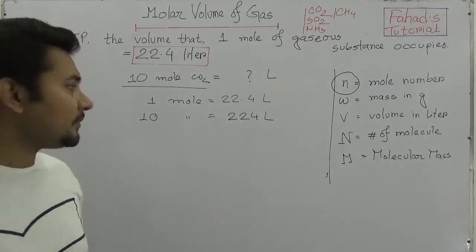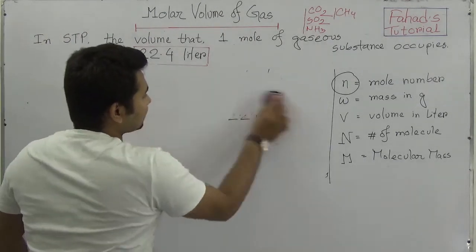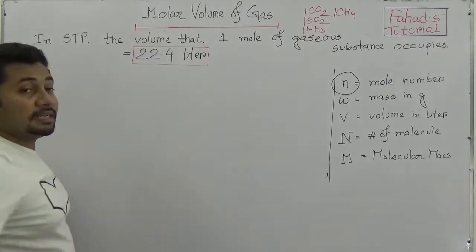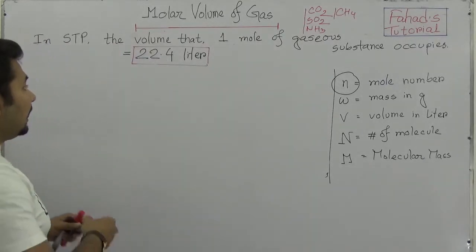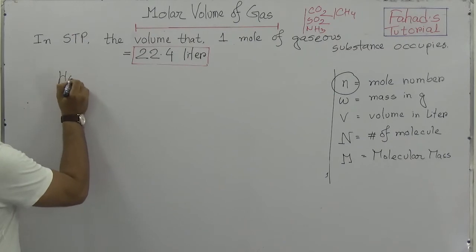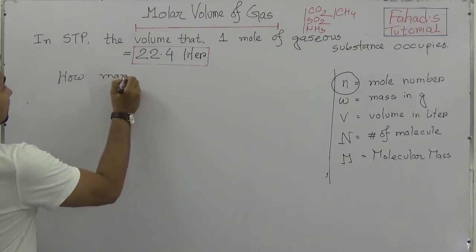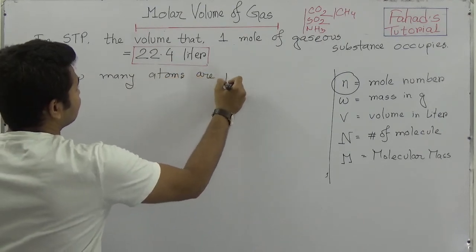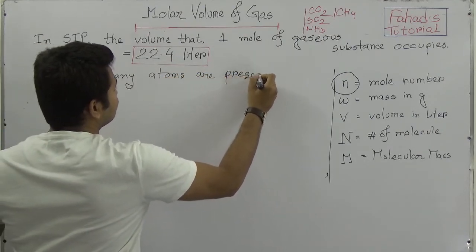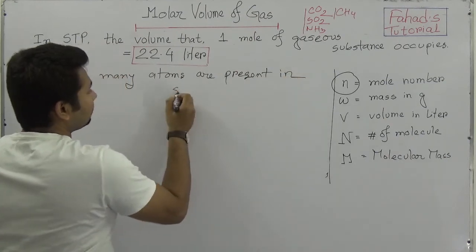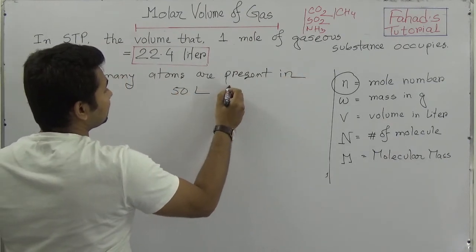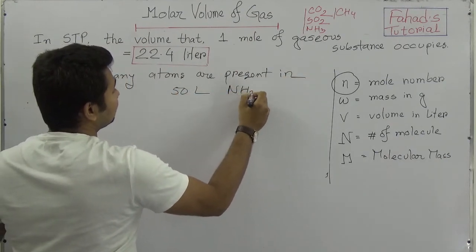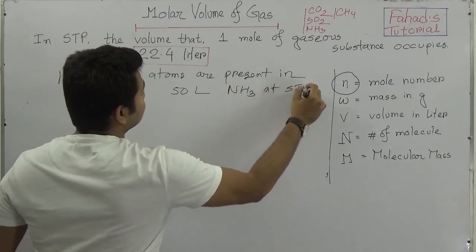But if the question is how many atoms are present in, suppose, 50 liter ammonia at STP?